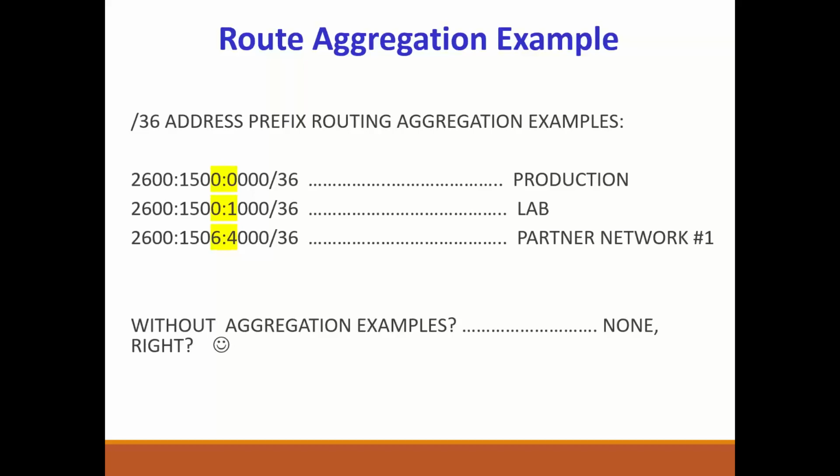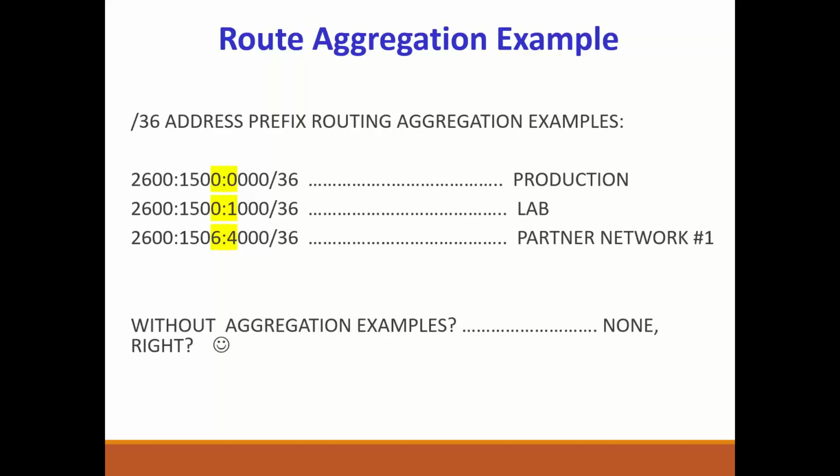These are the examples that I threatened a few slides ago. Let's say that for our /36s, for production, lab, and our partner network one that we saw earlier, where we assigned the values of the /36s, these are 3 potential routes aggregated to the /36 level.